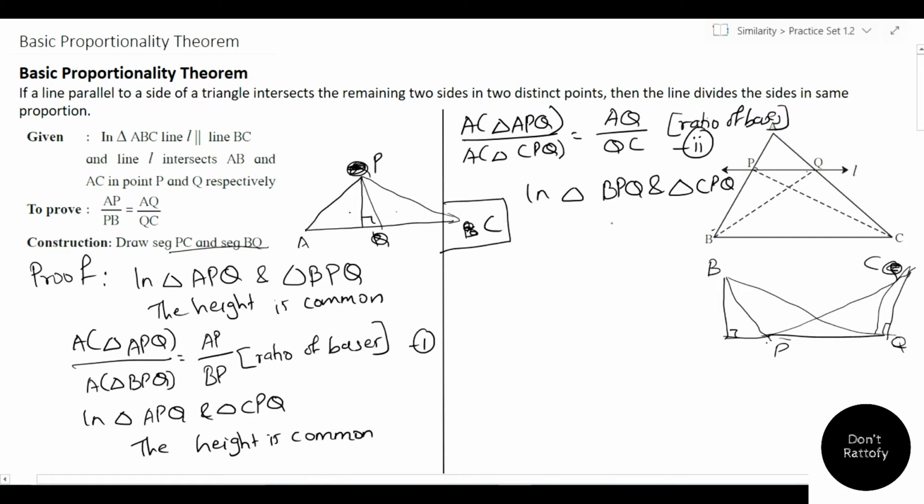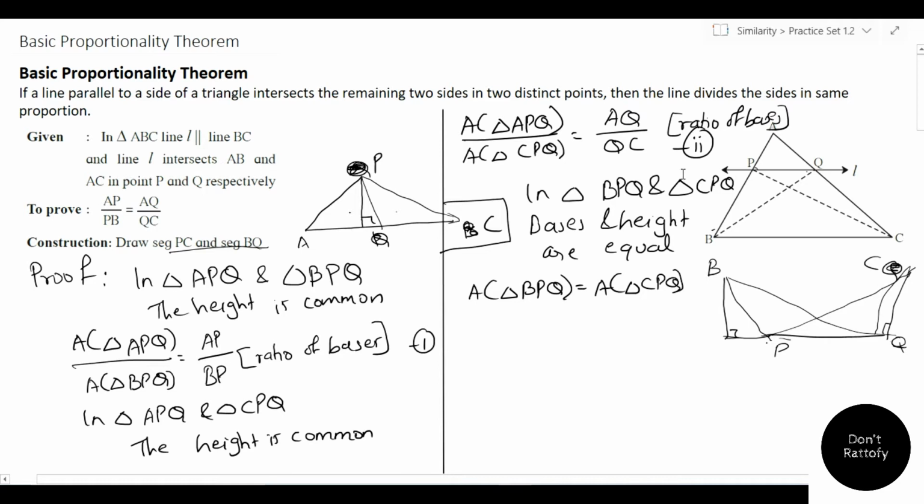So the height is equal, and I know that PQ is the common base, so the bases are also equal. So in triangle BPQ and triangle CPQ, bases and heights are equal. If the bases and heights are equal, area of triangle BPQ is equal to area of triangle CPQ, right?